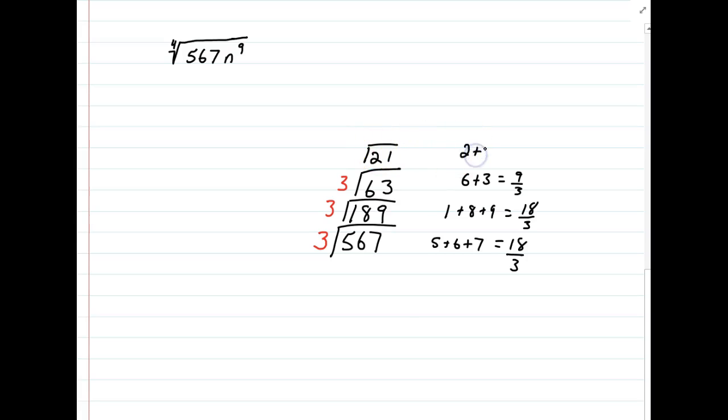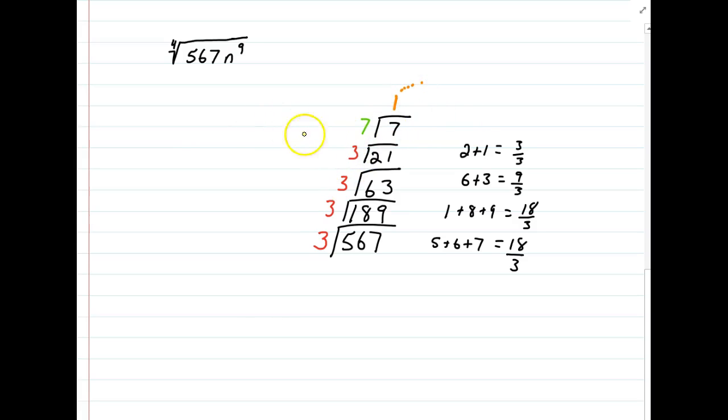If I add up the digits, 2 plus 1 equals 3, and 3 is divisible by 3. And 3 goes into 21 7 times. Okay, 3 doesn't go in, 4, 5, 6, 7, so our next smallest prime is 7. And 7 goes into 7 one time, so 1 is our candle on top of the cake.